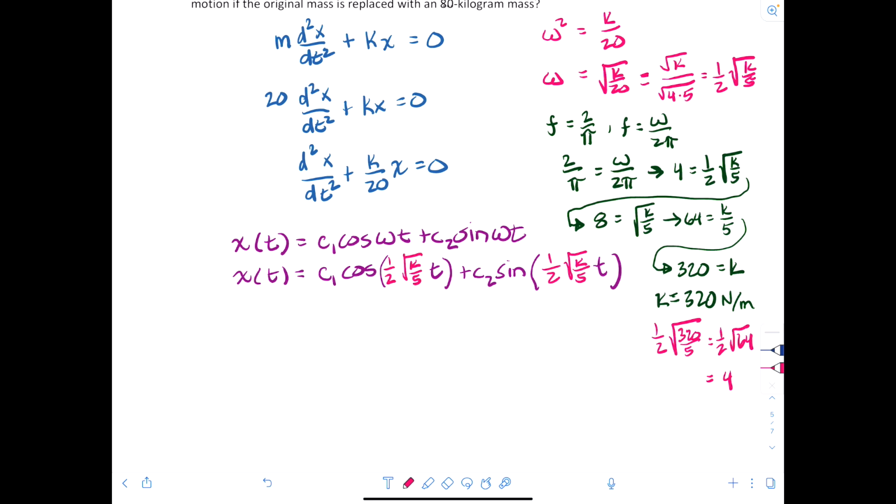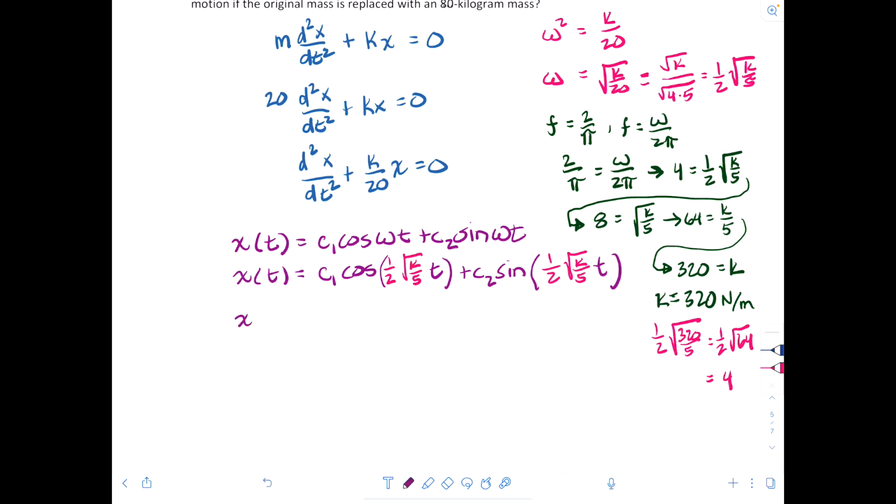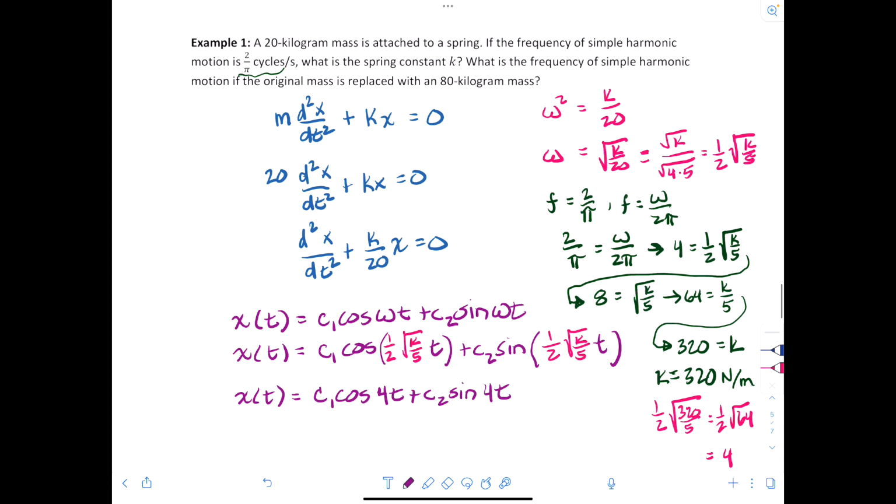So at the end of the day, what's going to happen? Our equation is going to be x at t is c1 times cosine at 4t plus c2 times sine at 4t. Groovy? So we were asked to find a few things, right? We were asked to find the spring constant, k.